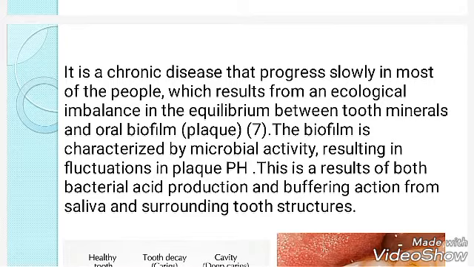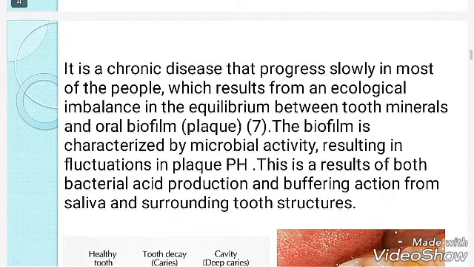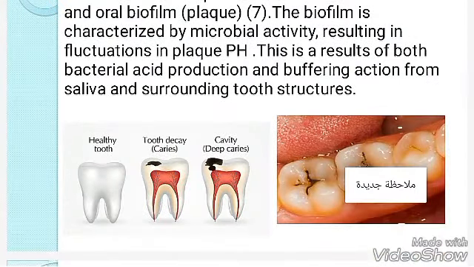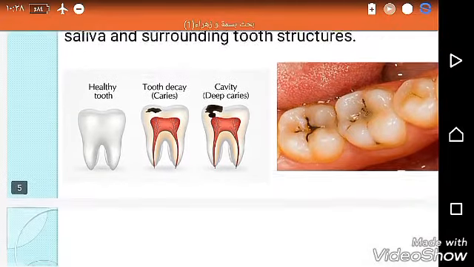The biofilm is characterized by microbial activity, resulting in fluctuation of plaque pH. This is a result of both bacterial acidic production and buffering action from saliva and surrounding tooth structure.